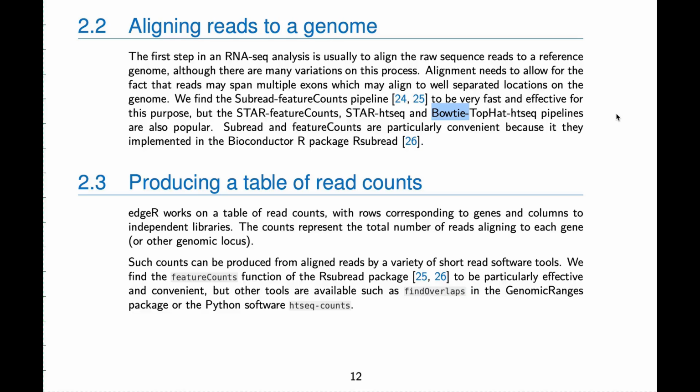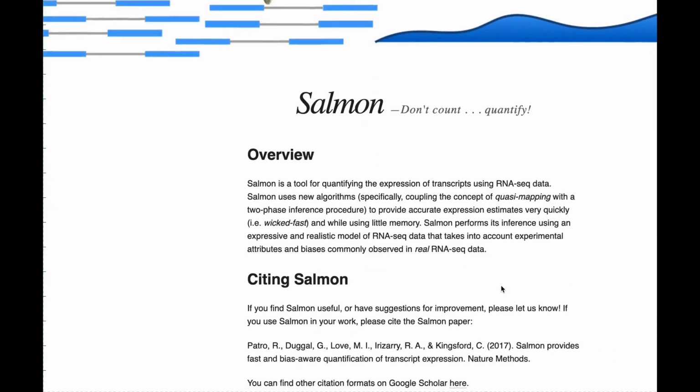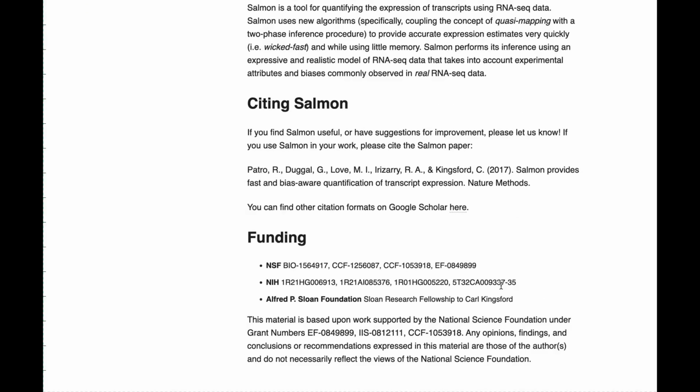And what is not yet mentioned here is Salmon, this one, which is quite popular for mapping against the transcriptome, not against the genome, and therefore if you're interested in transcript isoforms, I see that Salmon might be more useful than STAR, for instance.